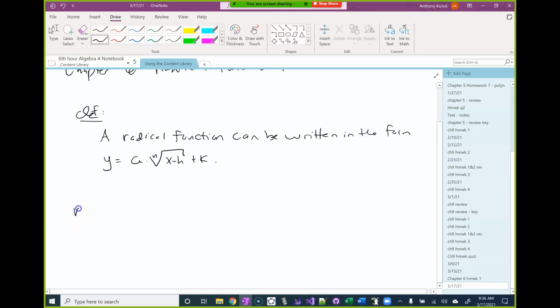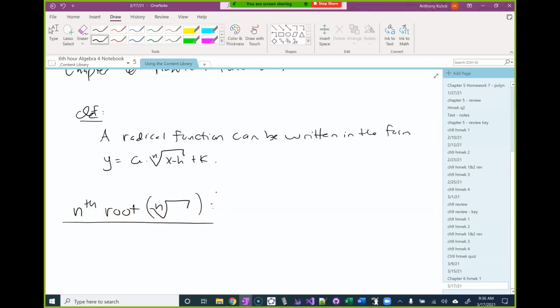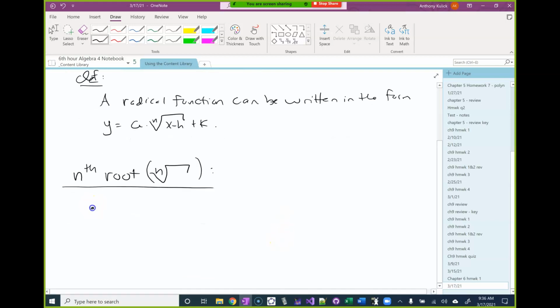So let's take a moment and familiarize ourselves a little bit with this notation and what it's really saying. When n equals 2, what we're talking about is a square root. And what do we mean by a square root?